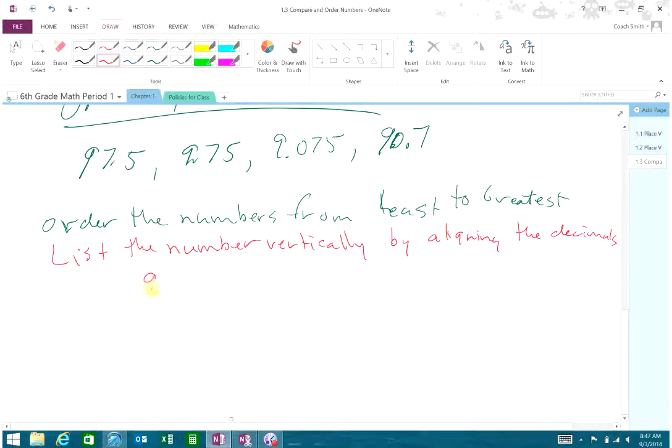So we have 97.5, then we have 9.75, then we have 9.075. Let me do that there. Then we have 90.7. Okay, so my decimals are aligned.